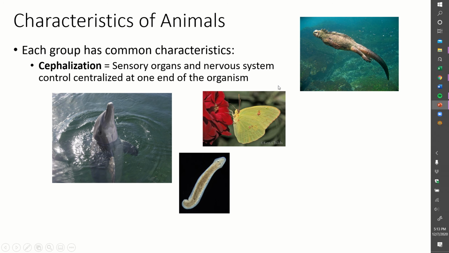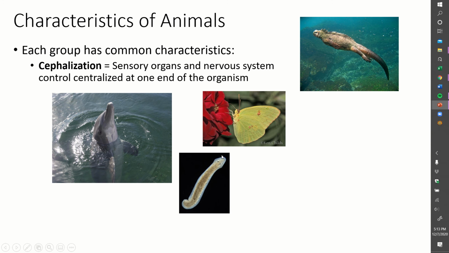Cephalization is another thing. Every animal in any group is going to either have cephalization or not. And cephalization just means having a head. Sensory organs and the nervous system control is focused at the head. So obviously mammals and reptiles have cephalization, insects do, but also many worms do.